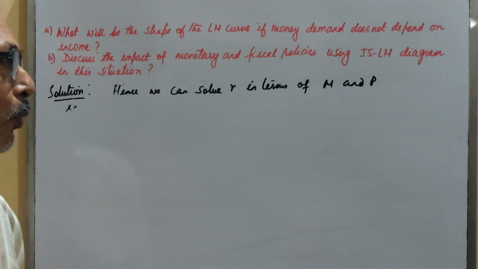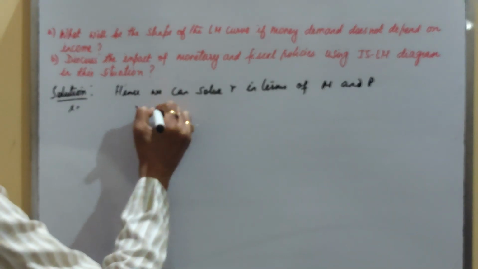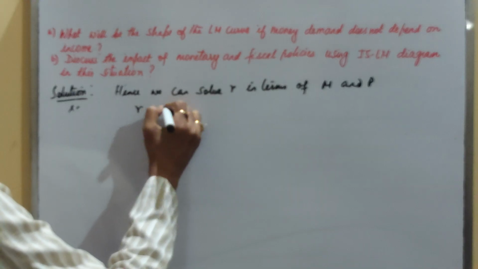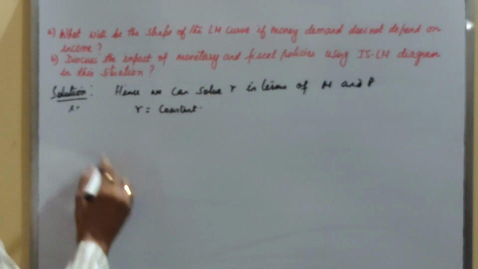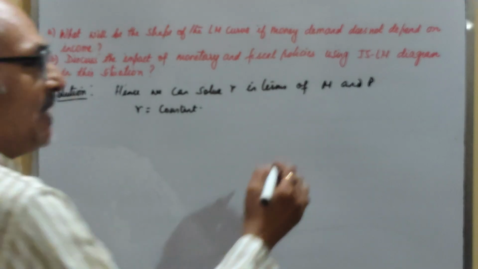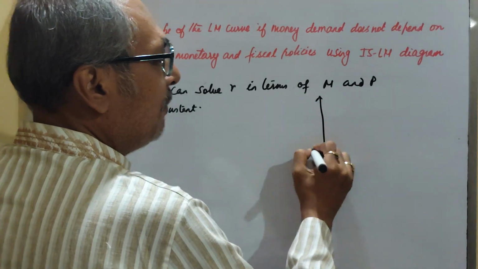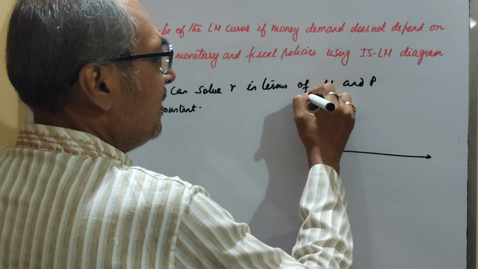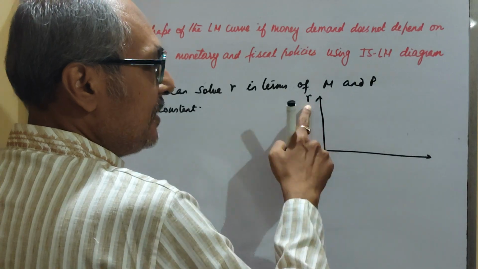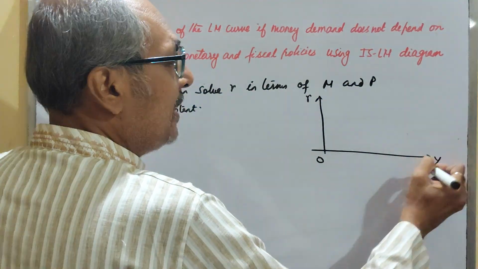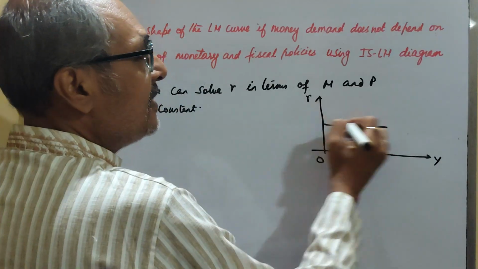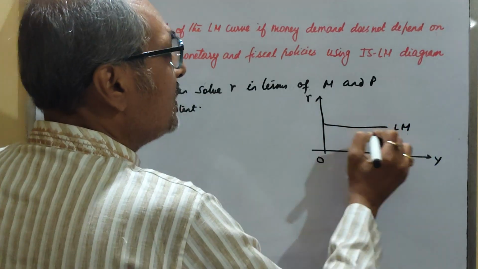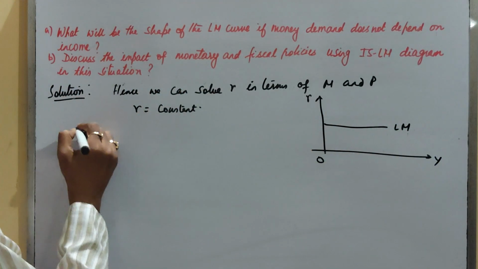Now, M and P both are constant, therefore R equals a constant. That means the shape of the LM curve is horizontal. Along the vertical axis, we are measuring R. Along the horizontal axis, we are measuring Y. Since R is a constant, the LM curve is a horizontal straight line.